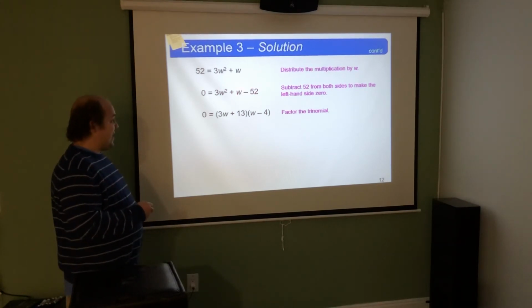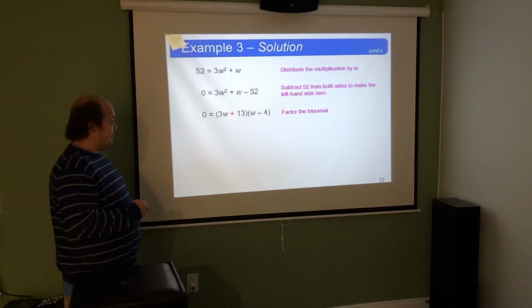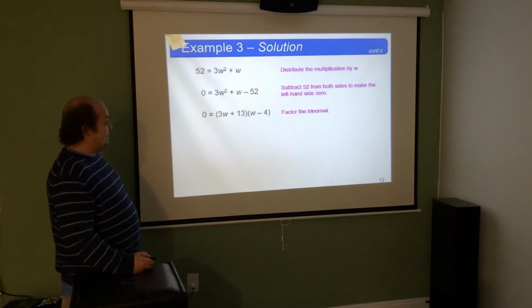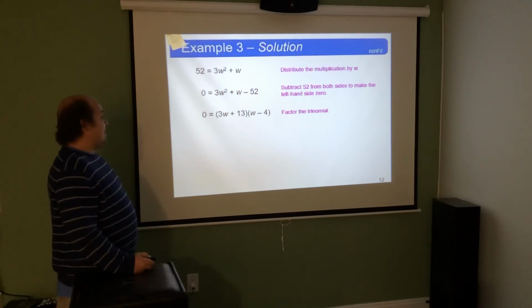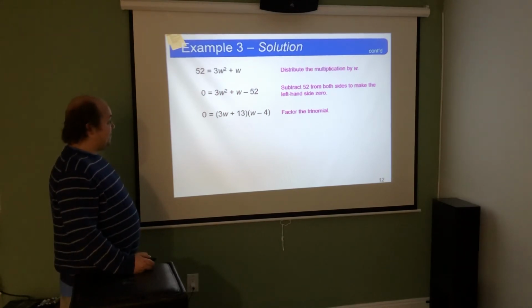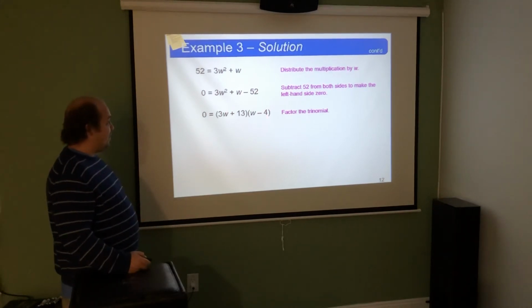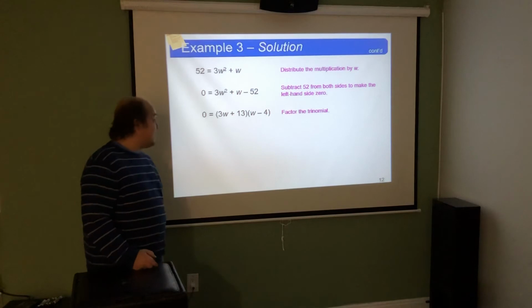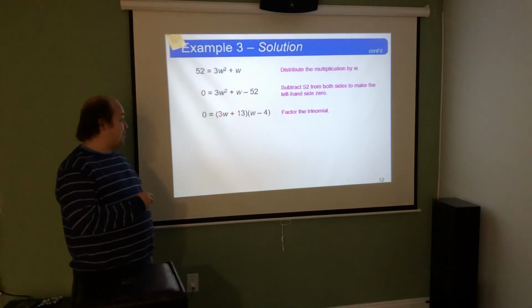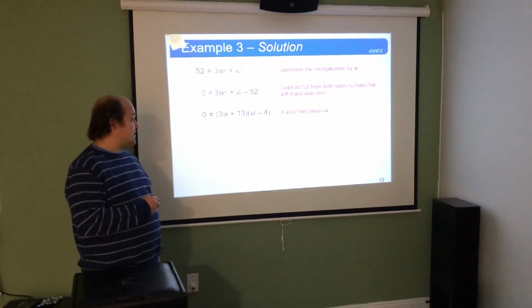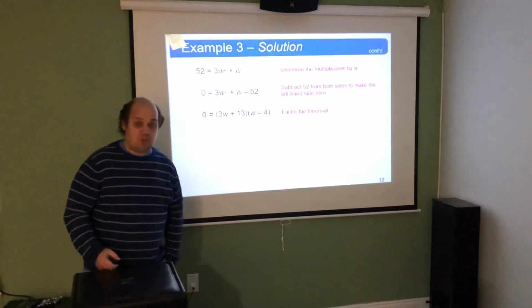And then I'd get 13 on the outside when I factored 13W minus 52. 13 would come out of both and leave me with a negative 4. Basically, where I'd end up, outsides times insides, is 3W plus 13 times W minus 4.